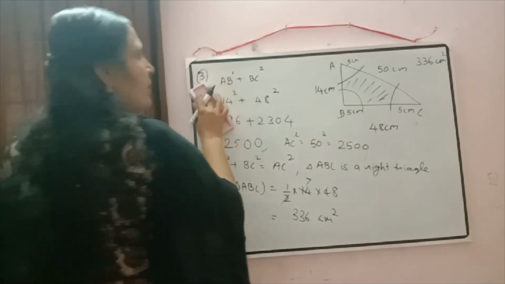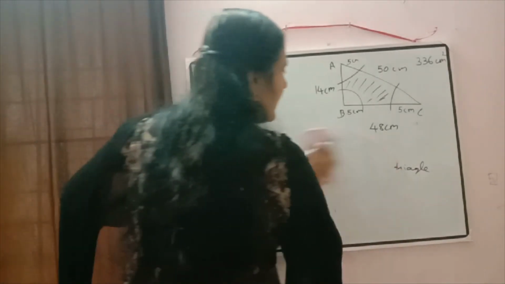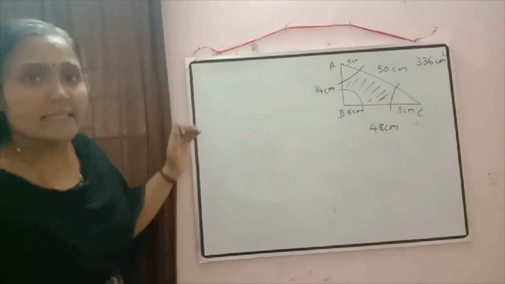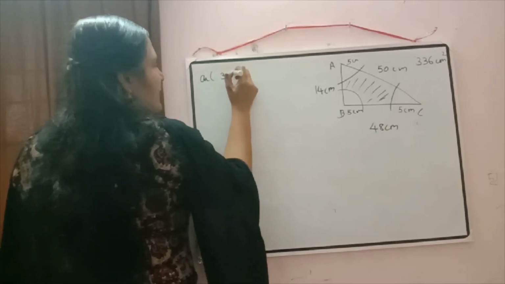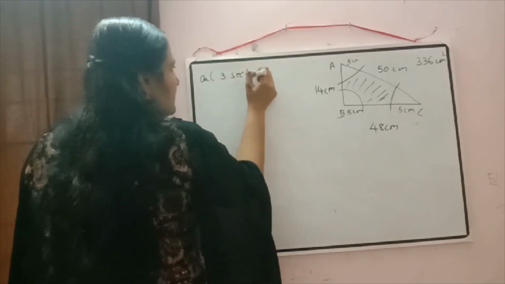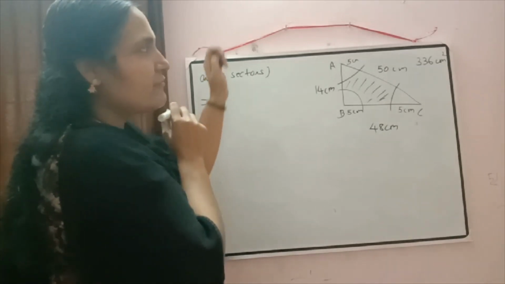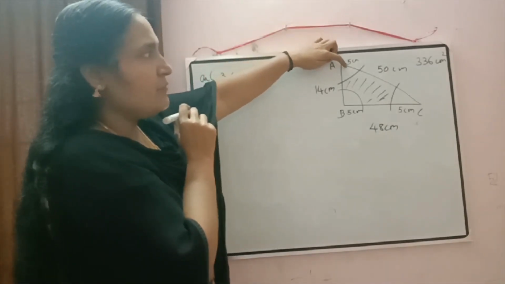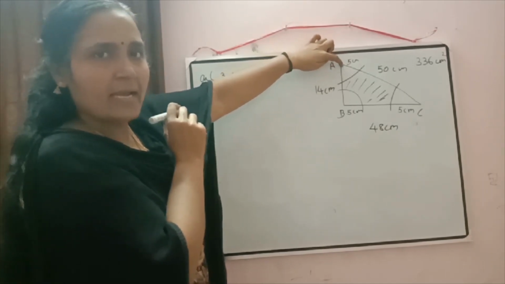Now from area of triangle what we have to subtract? We have to subtract the area of these three sectors. Okay. So we will write down now area of 3 sectors is equal to, if you check the first sector, at present we don't know what is the value of this angle. So I am writing it as angle A only.